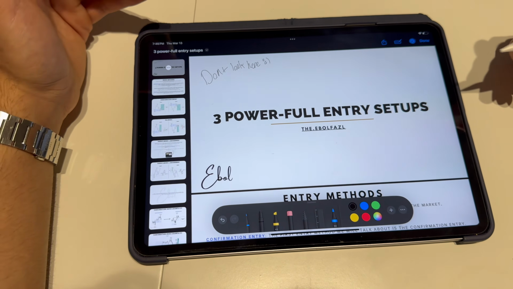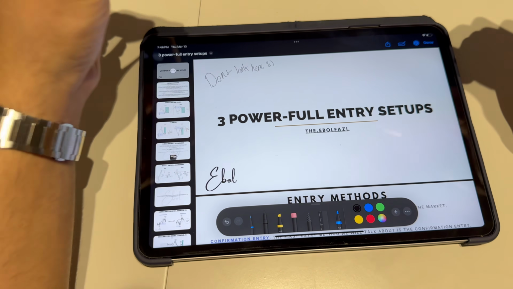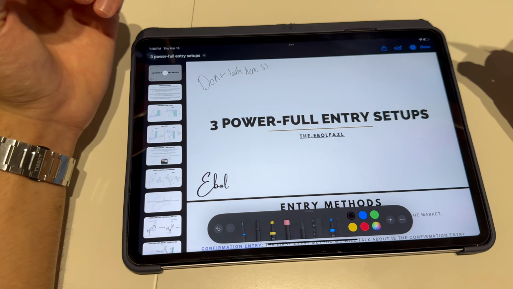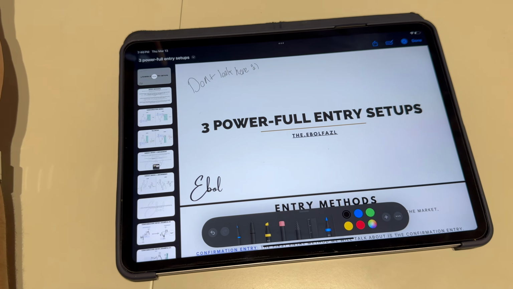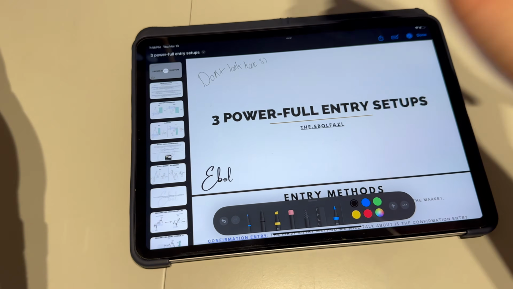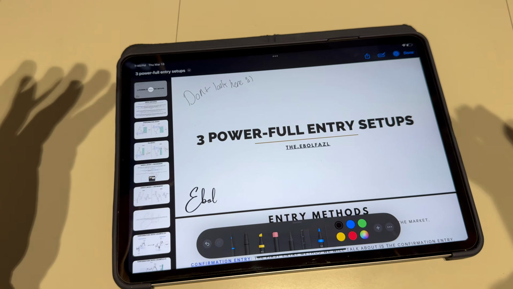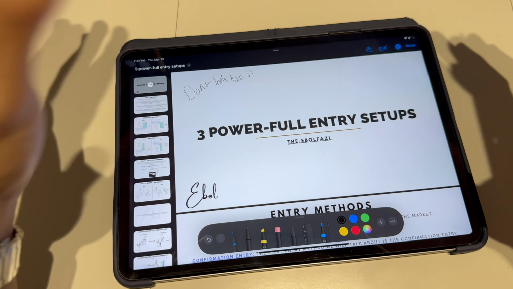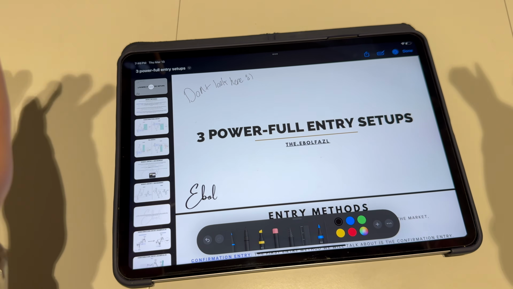And pretty much you can use these powerful entry setups in your strategy too. It doesn't matter if you're using ICT, smart money, or any strategy. The only thing you need to do is find the high time frame point of interest.